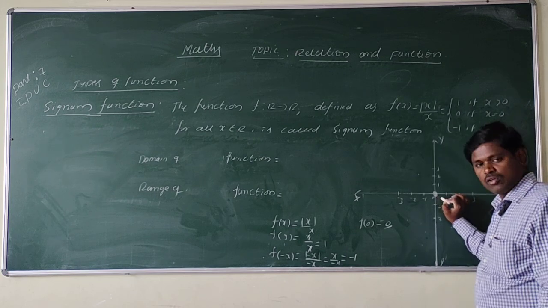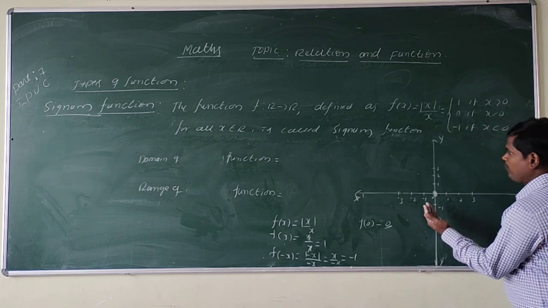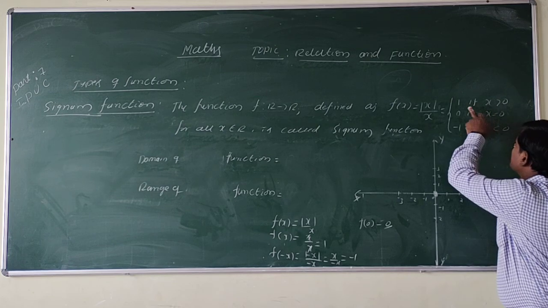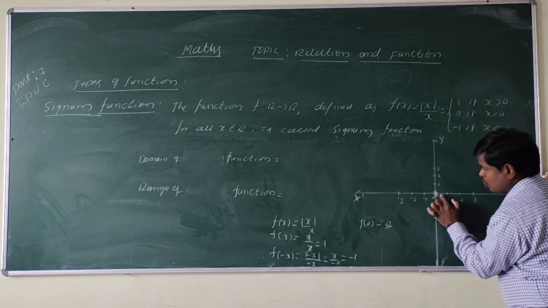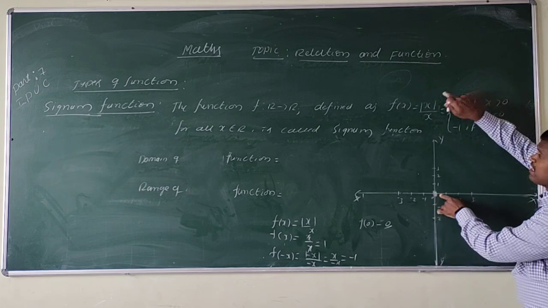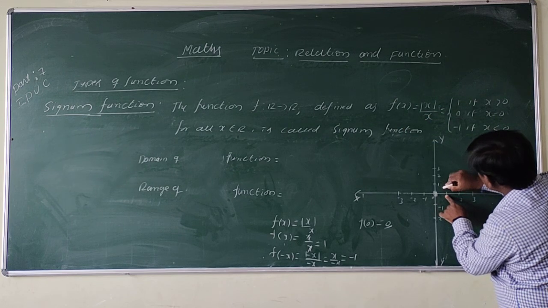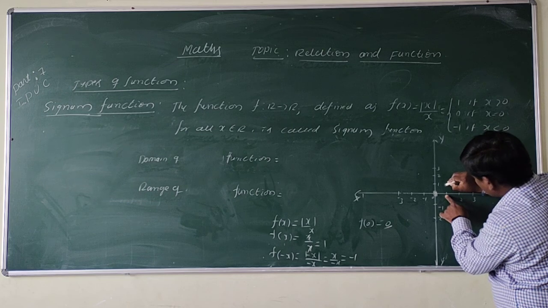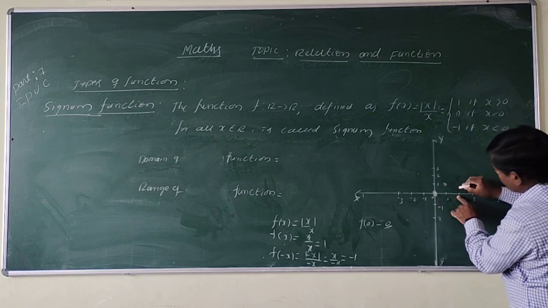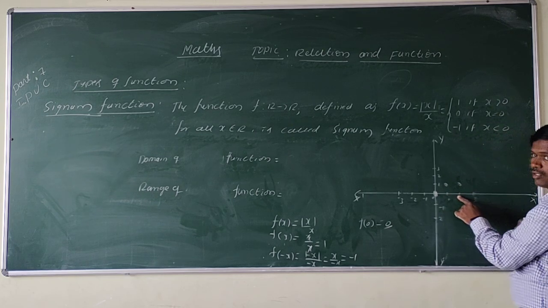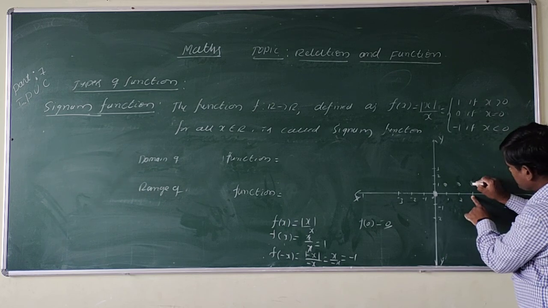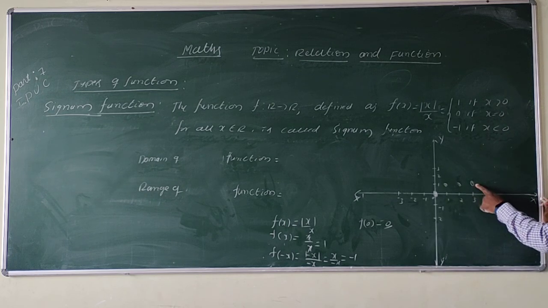Other than 0, suppose I take x greater than 0. Then what is the output? Suppose x is equal to 1, then output is also 1. x equal to 2, again output is 1. x equal to 3, again output is 1.